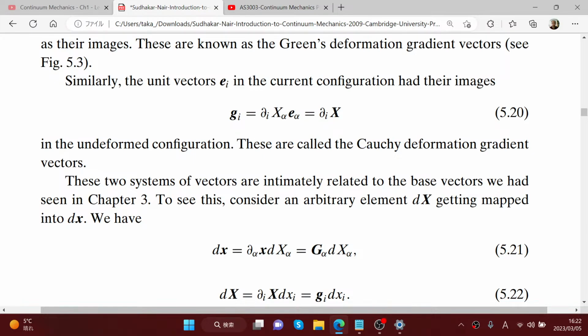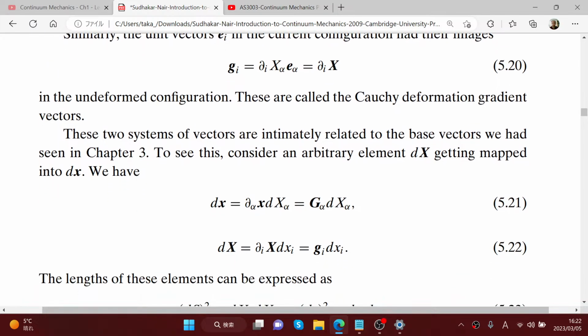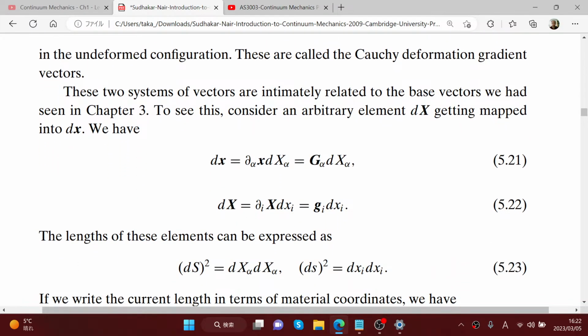These are called Cauchy deformation gradient vectors. These two systems of vectors are intimately related to the base vectors we had seen in chapter 3.